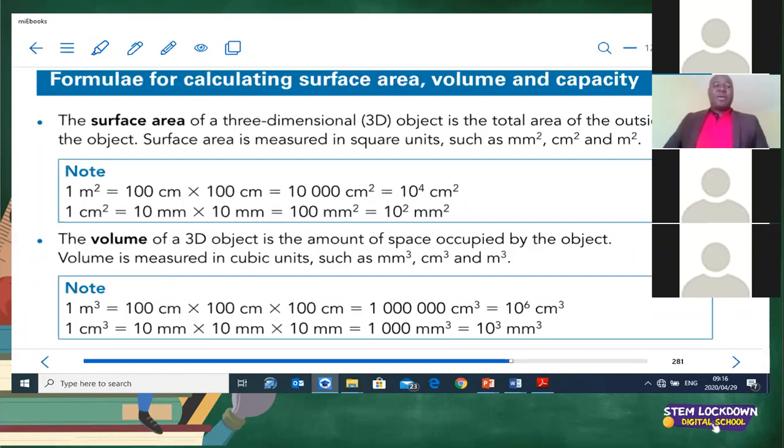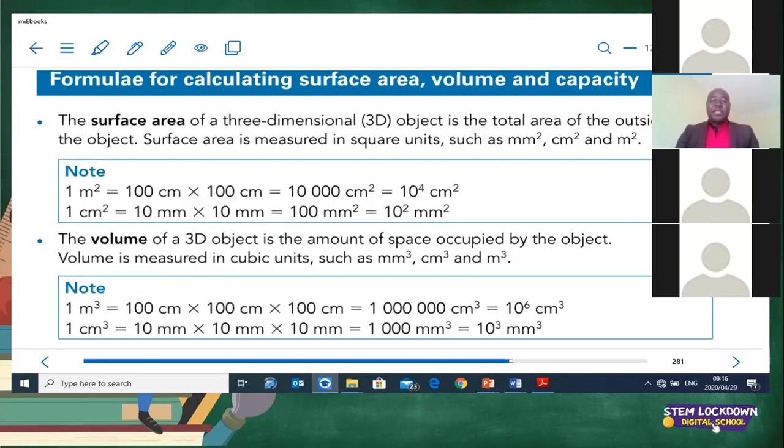Please note that 1 square meter is the same as 100 centimeters multiplied by 100 centimeters, which in turn will give you 10,000 square centimeters.